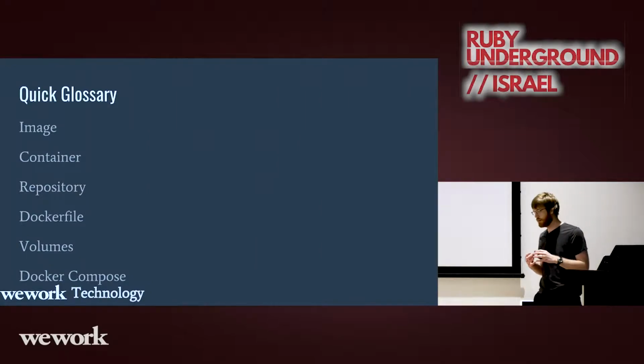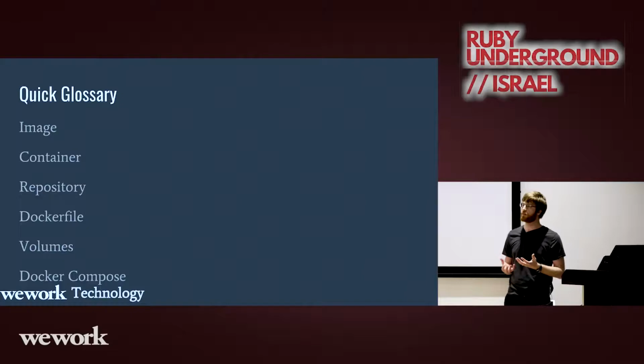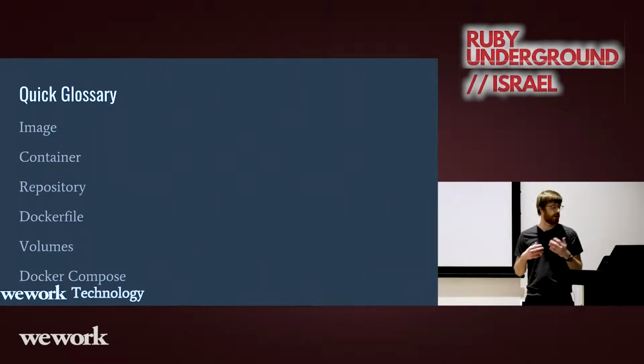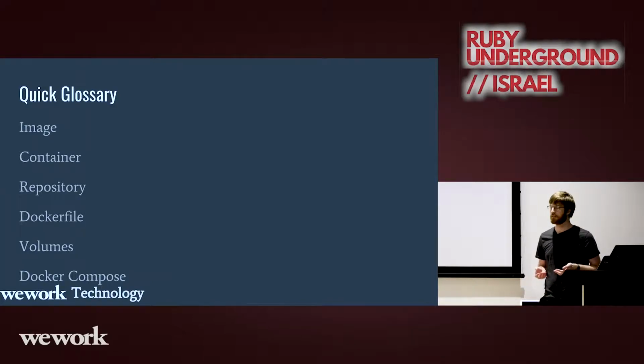Volumes are basically folders that you can mount into containers when they're running. And Docker Compose is actually, sadly, a bunch of Python scripts. You can describe it in YAML, and it allows you to manipulate your environment, the way the environment that your Docker container is launched in.